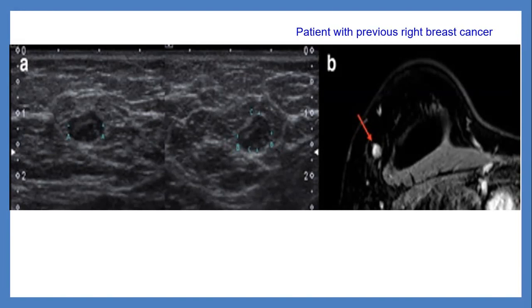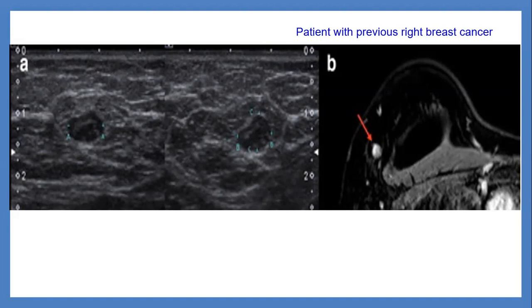In this case, how are you going to manage this patient? Are you considering it a normal inflammatory lymph node? No. Why? The eccentric fatty hilum and area of cortical thickening.